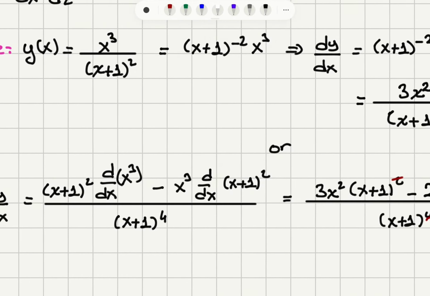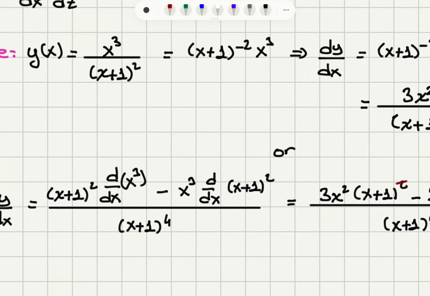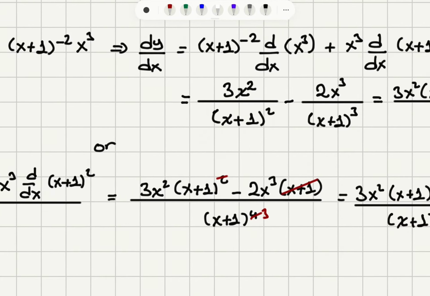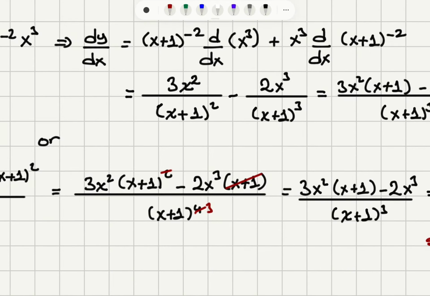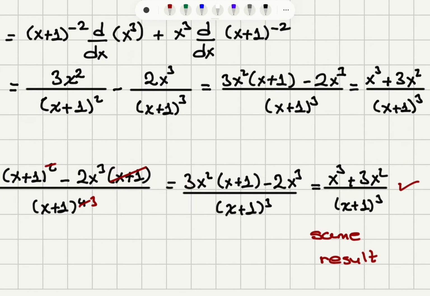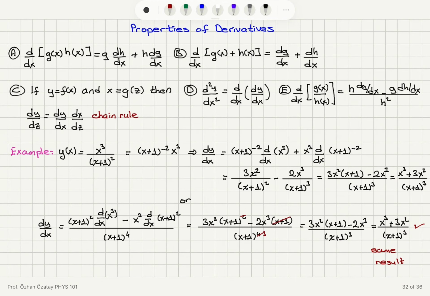So this would be (x plus 1) squared times 3x squared minus 2x cubed (x plus 1). There are too many (x plus 1)s, so one of them disappears, and I find that I have 3x squared (x plus 1) minus 2x cubed over (x plus 1) cubed, which is exactly the same result I obtained using the property of the product of two functions. So they give the same result.